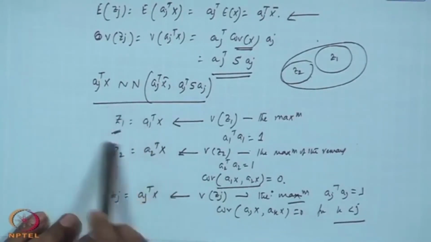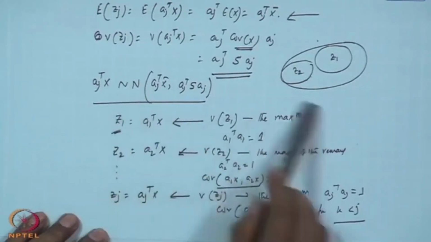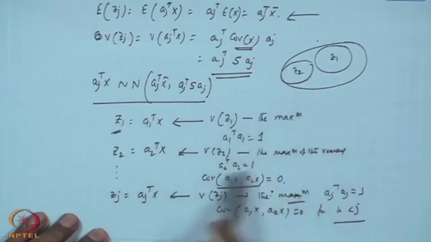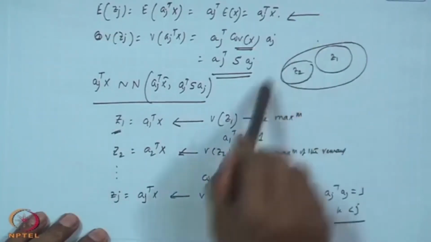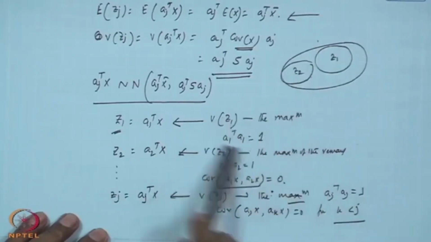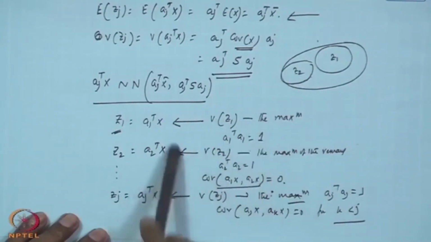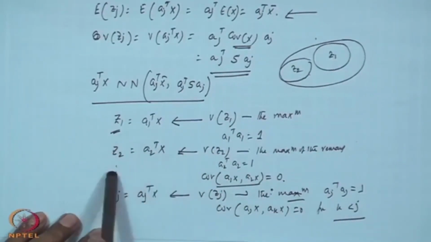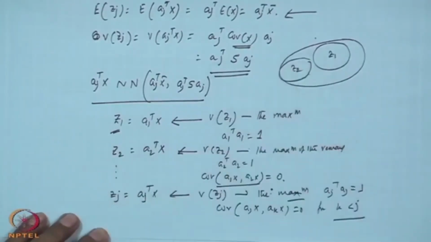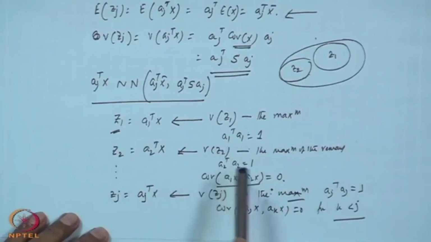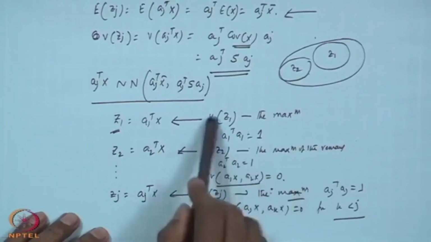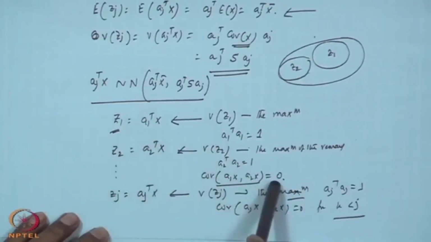What I am saying is that when you are extracting the first component, that basically takes care of the maximum variance of the data set subject to this normalization. Then Z2, the second principal component, goes for the second maximum of variability of the remaining variance, subject to this as well as the covariance between the first two being 0.